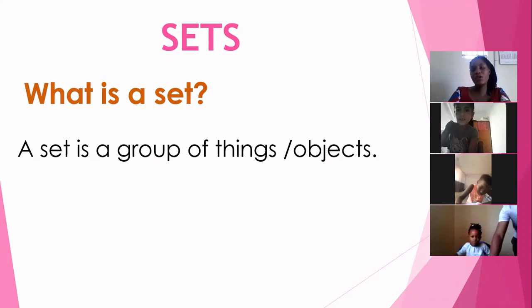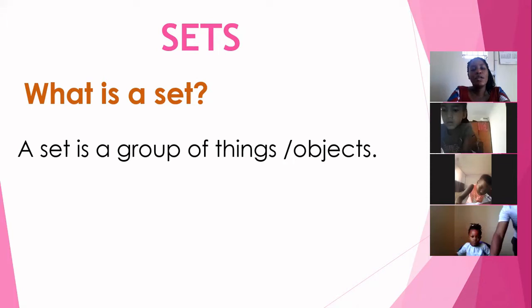That is the definition of a set. I will not go fast. I want you to get all the words in that definition. Make sure your eyes are there. You check the spellings of the words. Okay? A set is a group of things or objects.